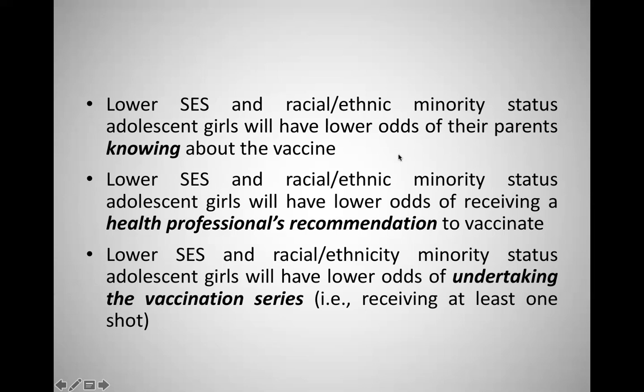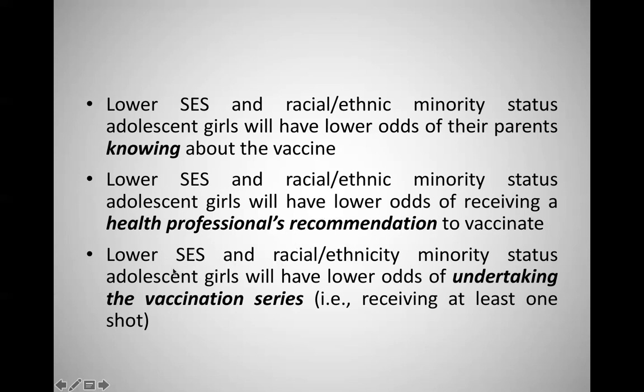So at the level of knowledge, the parents who have lower SES and African American and immigrant parents knew a lot less about the vaccine. Okay. Then parents who have lower socioeconomic status and of certain racial ethnic minority groups, particularly African Americans, in fact had lower odds. They were less likely to receive health professionals' recommendation to vaccinate their adolescent daughter.